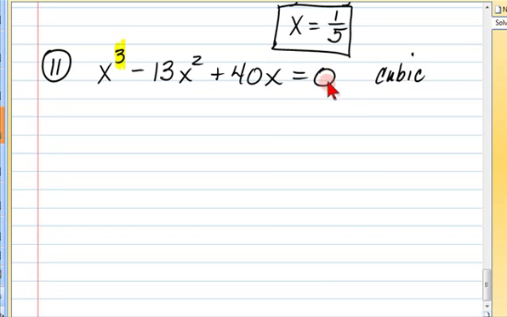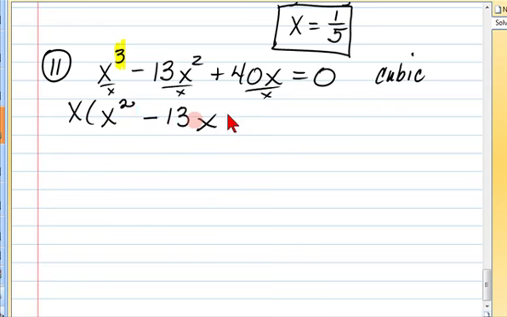And is it equal to 0? Yeah. Okay, then I'm just going to go ahead and try my best. When I start to factor the left-hand side, what am I looking for? Common factor. Do you see one? X. So if I factor out an x, that's going to give me x squared minus 13x plus 40, and it's still equal to 0.